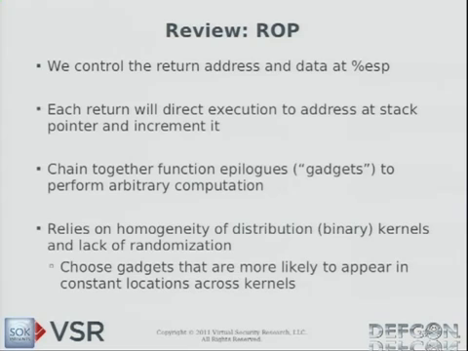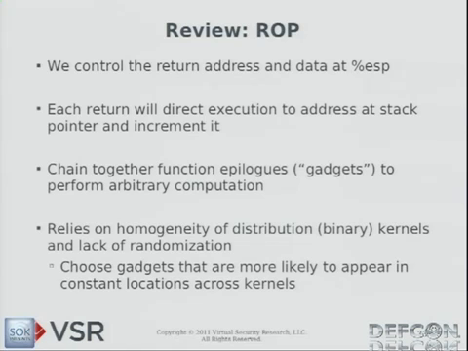So using this, we can actually just chain together little pieces of code at known locations in the kernel to do essentially arbitrary computation. I say at known locations because this does rely on the fact that you know where stuff is in memory. And this is a fairly reasonable assumption in the kernel world. If you're running a distribution kernel like Ubuntu, Debian, or Fedora, they're shipping binary kernels, which means everyone with the latest version of Ubuntu has the same kernel image in memory in terms of the code.